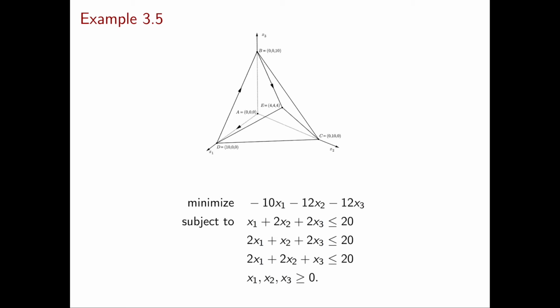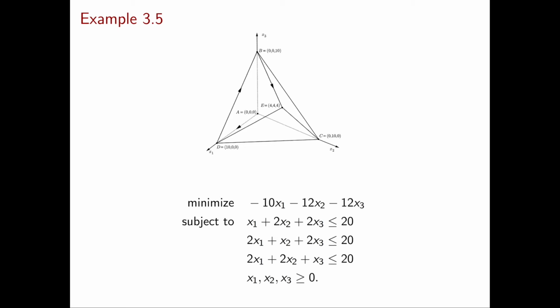Recall that at this point we're not able to run the simplex algorithm on any linear programming problem. And this is because we don't know in general how to obtain a basic feasible solution to start with. However, in this specific example, we will be able to easily find a basic feasible solution to start with.